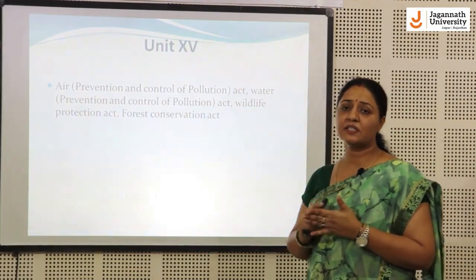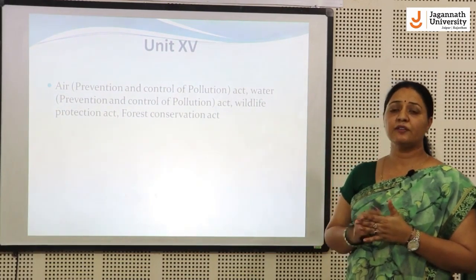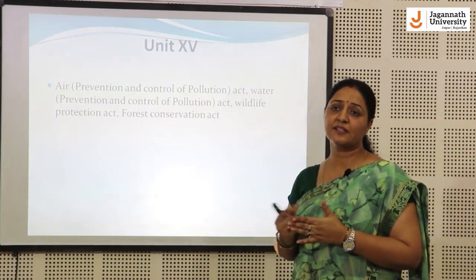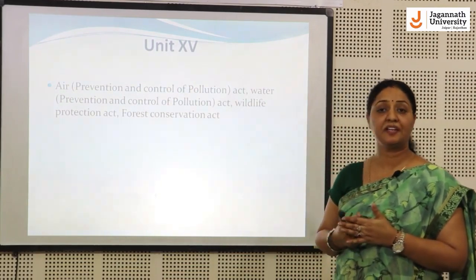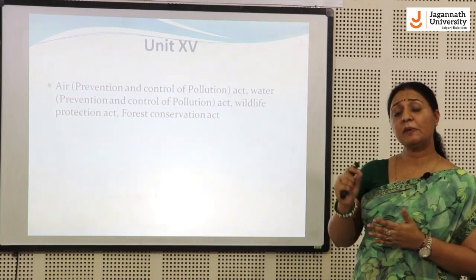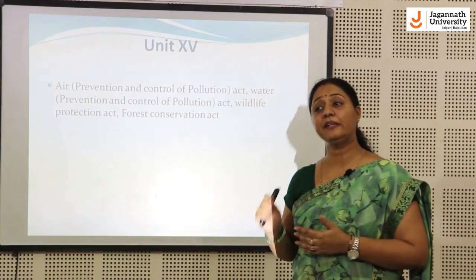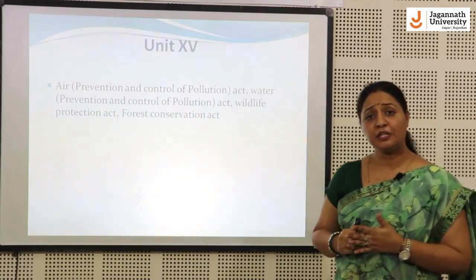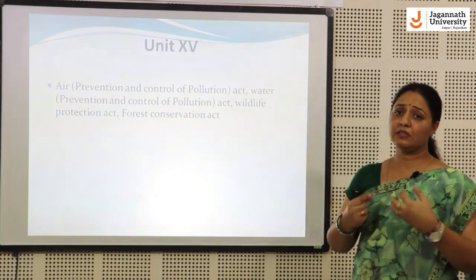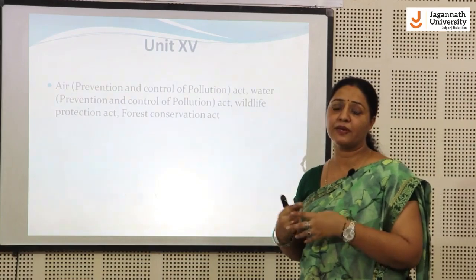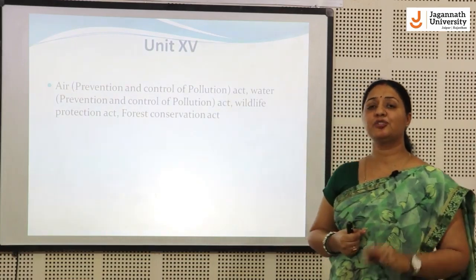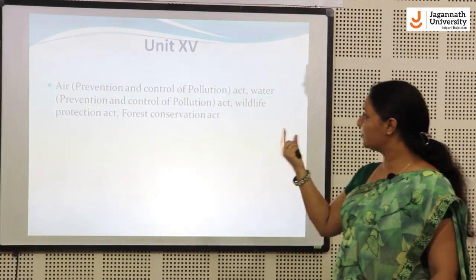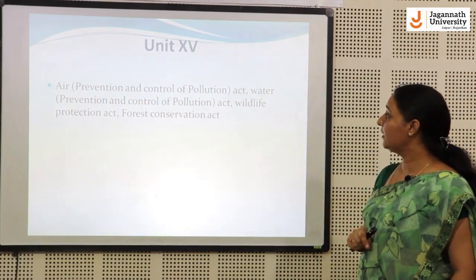In this act we can know about the powers and boards, their various activities and functions, and those people responsible for deteriorating air quality, how they can be punished or how they come under offense, and which kinds of punishment, fines or penalties apply.